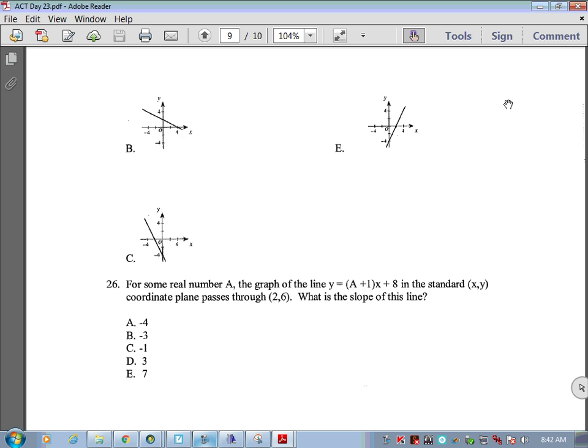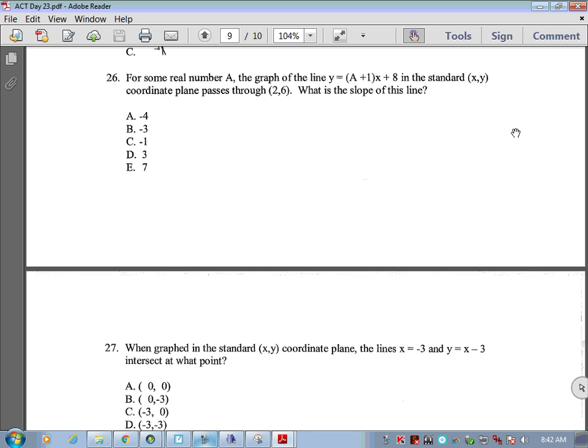26. Okay. For some real number a, the graph of the line y equals (a plus 1)x, where a plus 1 is the slope, in the standard xy coordinate plane passes through (2, 6). What is the slope of this line? Notice that the y-intercept is 8. Okay?